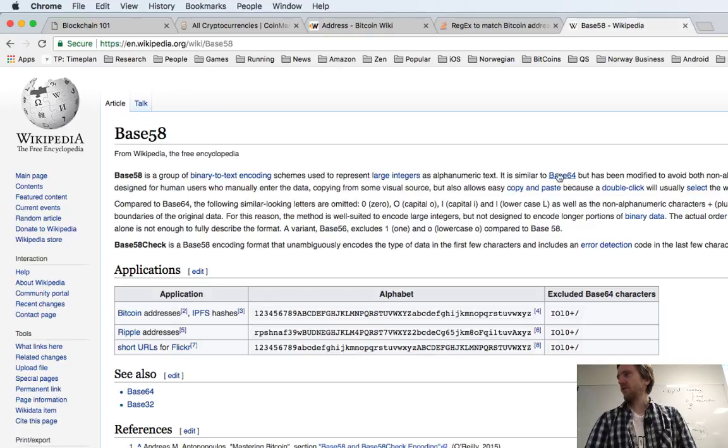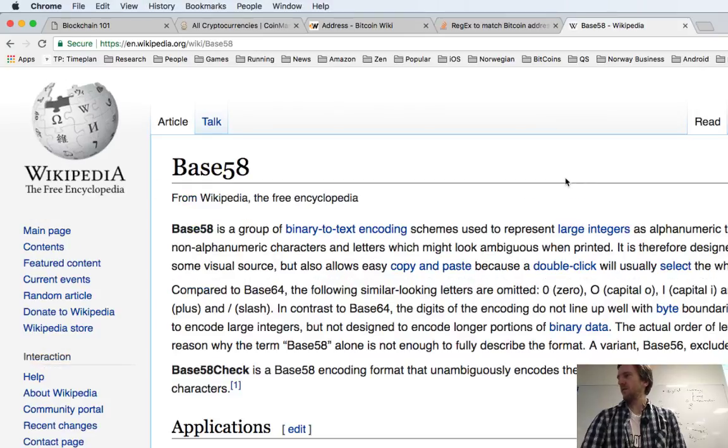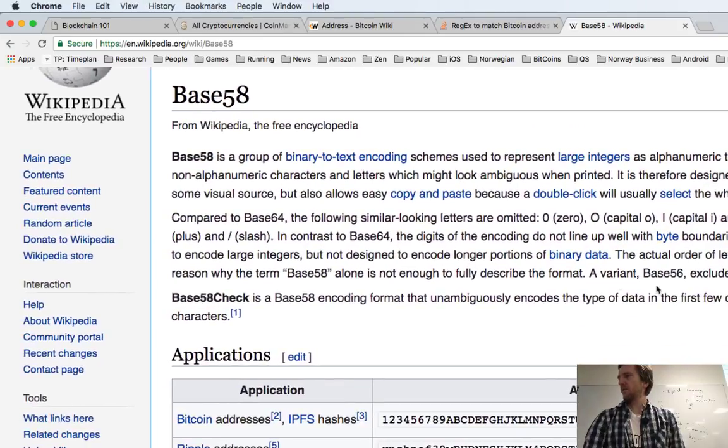So if we restrict the characters that we're using, for example 0 and O are confusing. If you have some sort of a keyword which is encoded with base64, and it will use zeros and capital O letters and I, capital I and lower L, they are very hard for humans to distinguish.